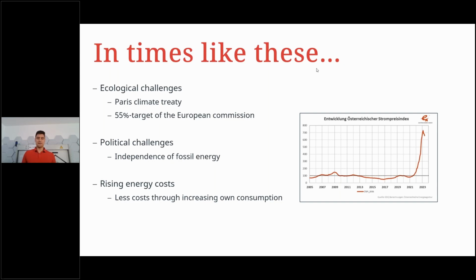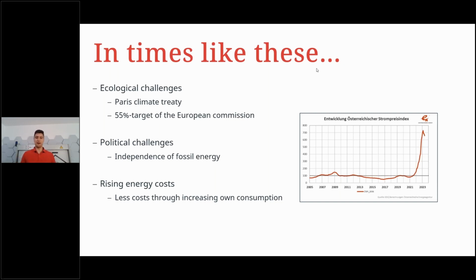Those three things, ecological challenges, political challenges, and rising energy costs, are also what many of our customers worry about, and these are core reasons for installing PV systems. Many start by installing modules, and they want to be independent.